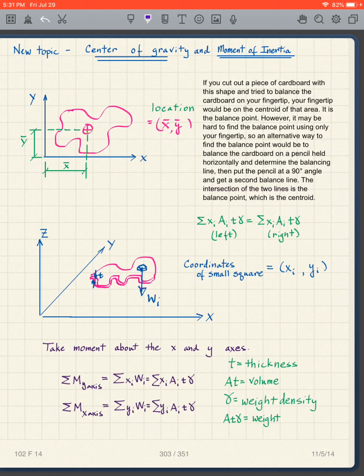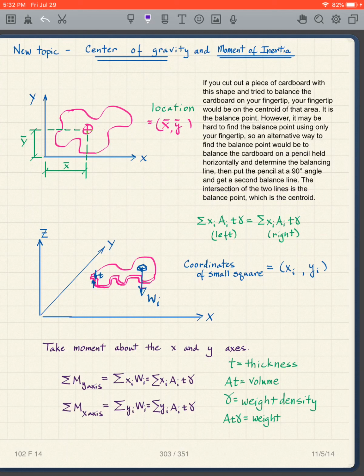And the balancing line, essentially what's happening is that the moment due to the weight of that piece of cardboard on one side of the line of the pencil is equal to the moment caused by the weight on the other side of the pencil.